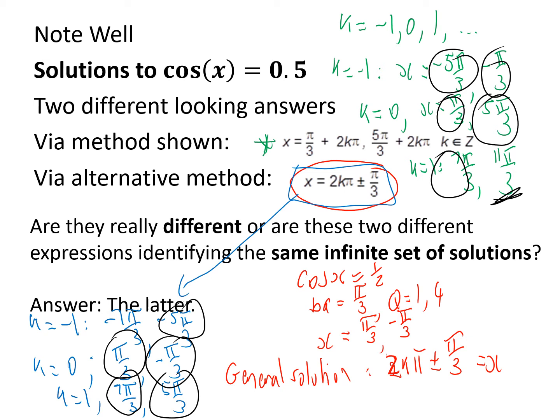So if ever you've got a general solution that you've arrived at and you look at something quite a different expression, don't be alarmed. Possibly you're correct, and you just have to ensure that your expression is indicating the same infinite string of solutions as the one in the back of the book or the one in the multiple choice question, and maybe by just subbing in some k values is the way to go.